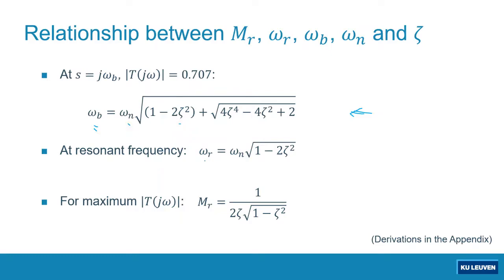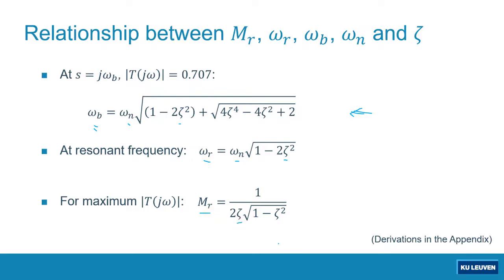The second formula correlates omega r, the resonance frequency, to omega n and zeta, while the third formula correlates the MR to zeta.